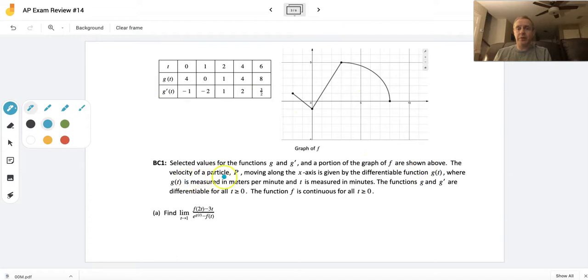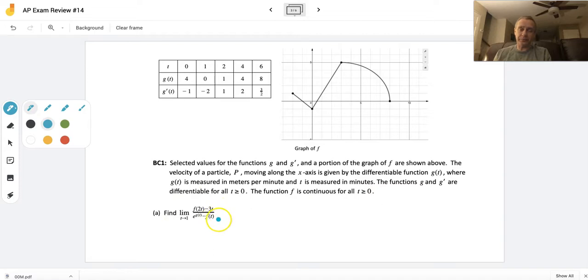The velocity of a particle P moving along the x-axis is given by the differentiable function g of t, where g of t is measured in meters per minute and t is measured in minutes. The functions g and g prime are differentiable for all t greater than or equal to 0. The function f is also continuous for all t greater than or equal to 0. So we want to evaluate this particular limit.